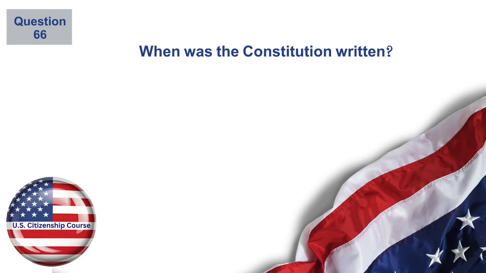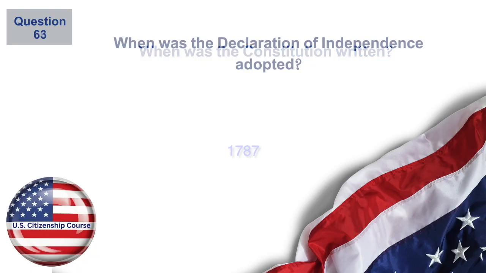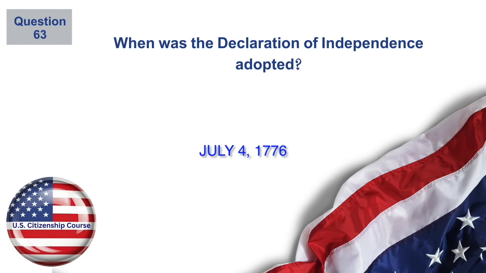When was the Constitution written? 1787. When was the Declaration of Independence adopted? July 4th, 1776.